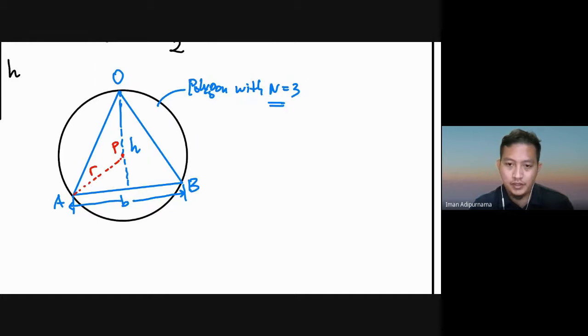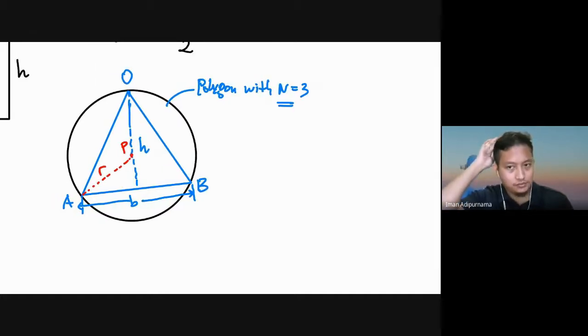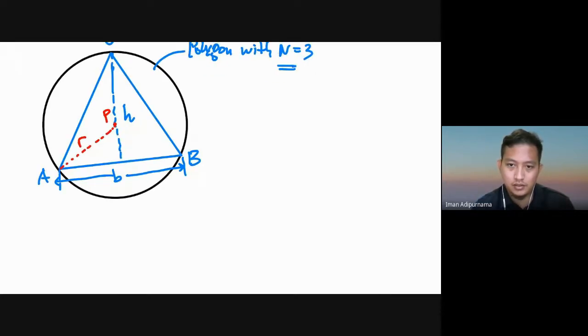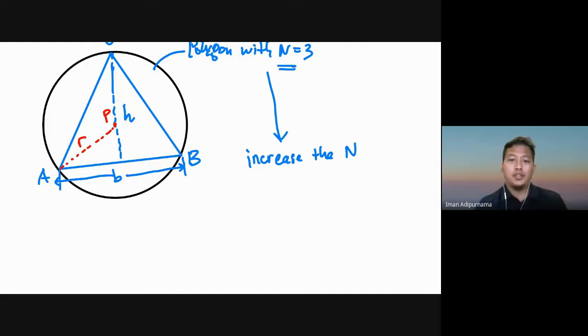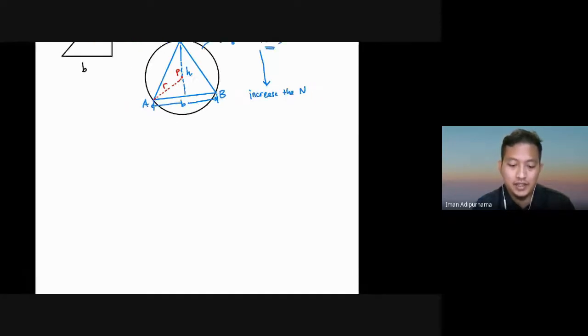So polygon with n equal 3. Let's increase the n, the number of sides of the polygon, so the sides will be more and more. So n equal 4, n equal 5, 6, 7, 8. Let's say we have n equal 8.